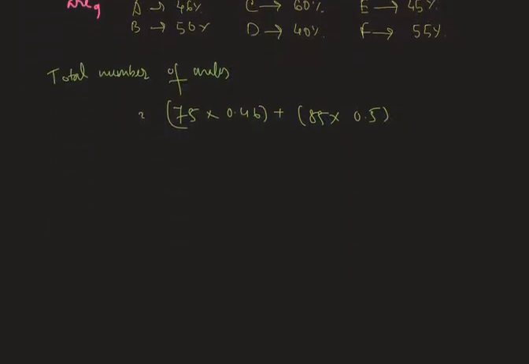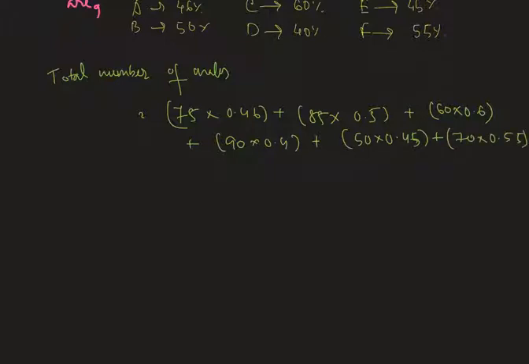Therefore the total is 75 into 0.46 plus 85 into 0.5 plus 60 into 0.6 plus 90 into 0.4 plus 50 into 0.45 plus 70 into 0.55.